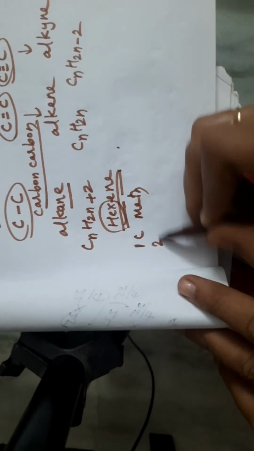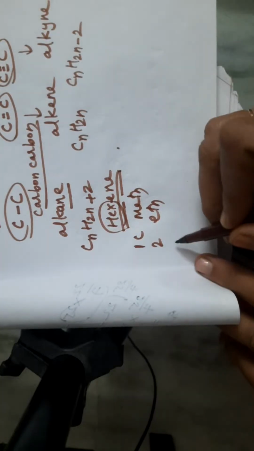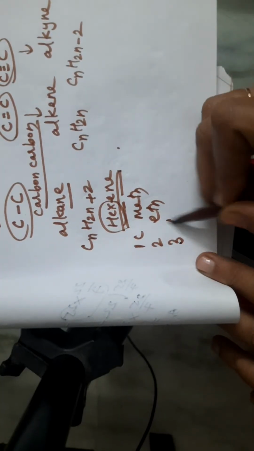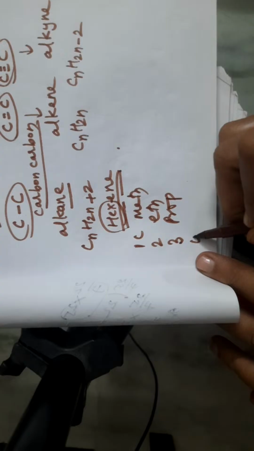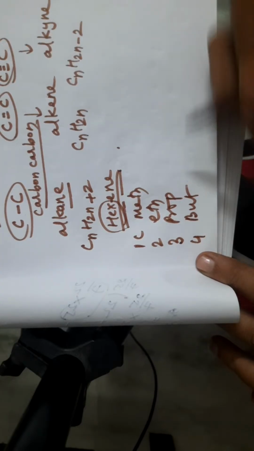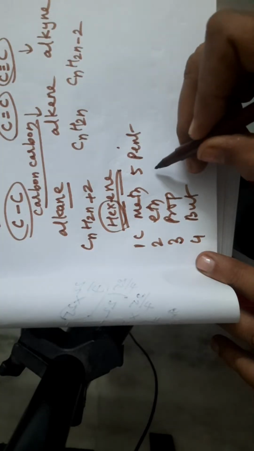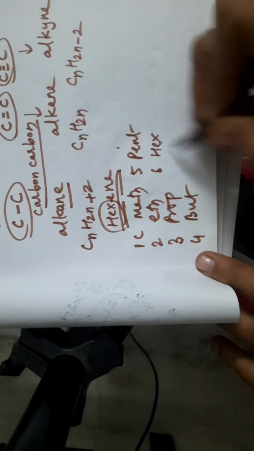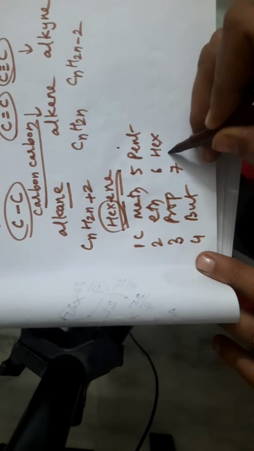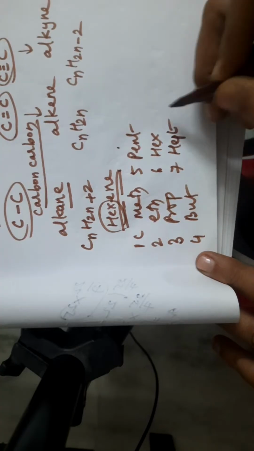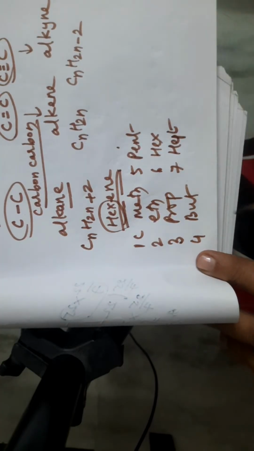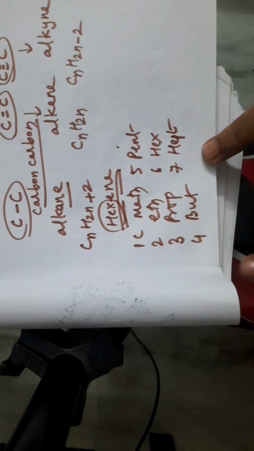If two are there, eth. If three are there, prop. For four, but. If five are there, pent. Six, hex. Seven, hept. So these many are important which you need to remember.